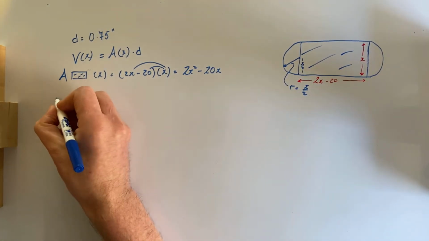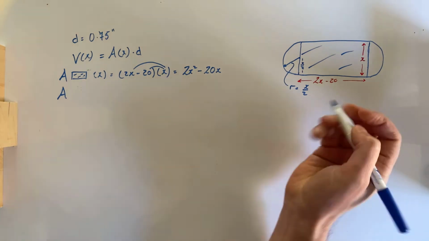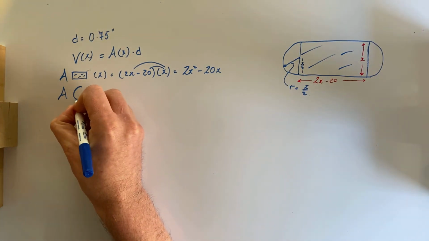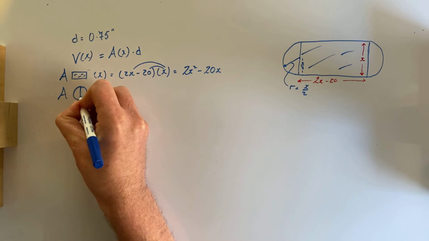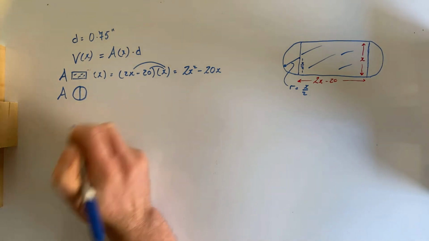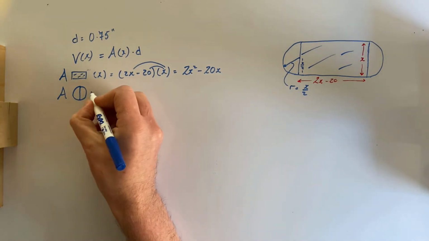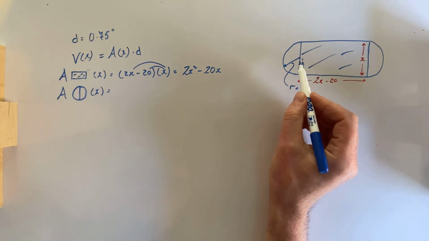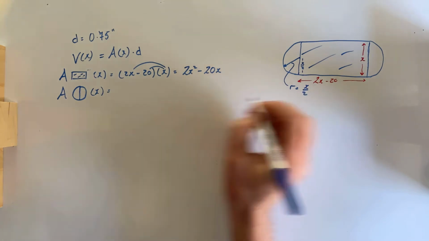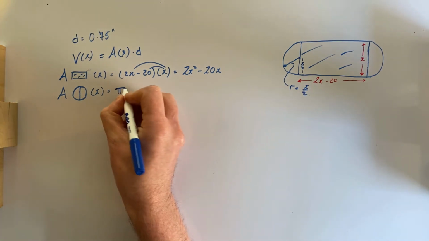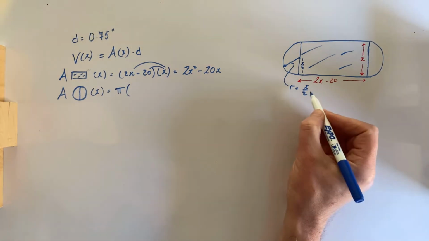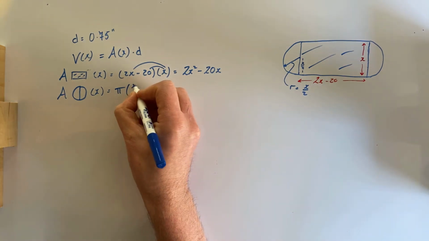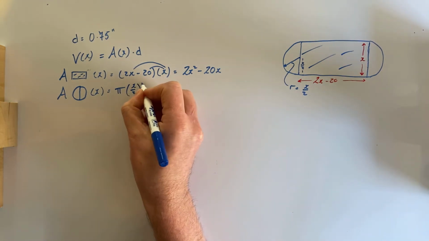And so the area of the two semicircles, I'm going to take them both together. Ultimately what I end up with is a circle, from the two semicircles, and its area as a function of x is going to be pi r squared. Because r is x over 2, that will be pi times x over 2 squared.